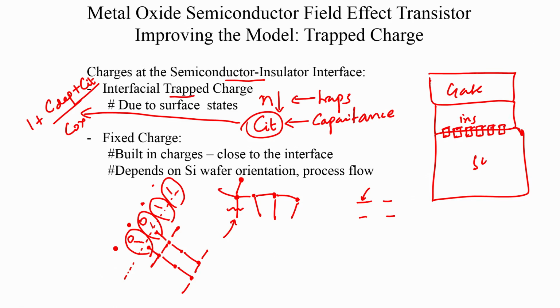The next kind of charges is something called fixed charges, and these are charges which are just inside the insulator, but very close to the insulator semiconductor interface.